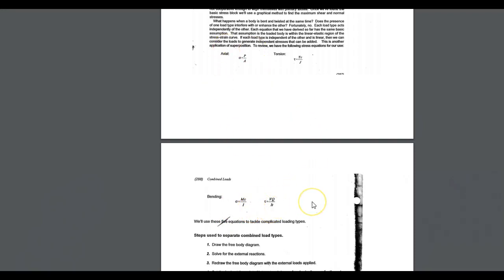So basically what we have is that there are four sources of sigma and tau, and we can add the sigmas together arithmetically on the same axis, and we can add the shear stresses together arithmetically on the same plane.